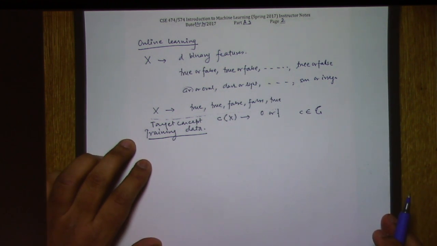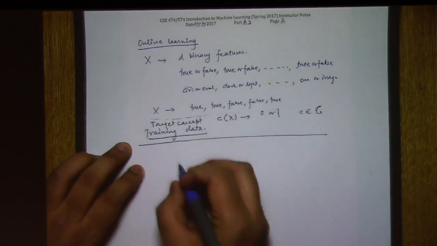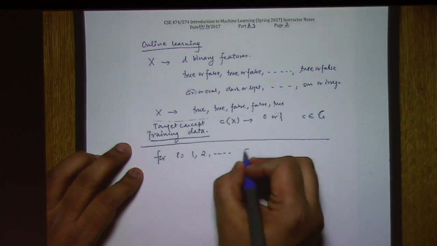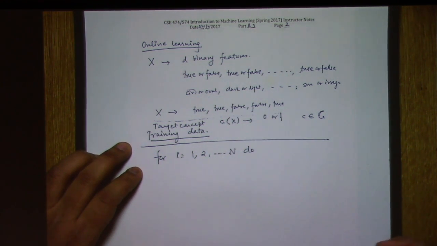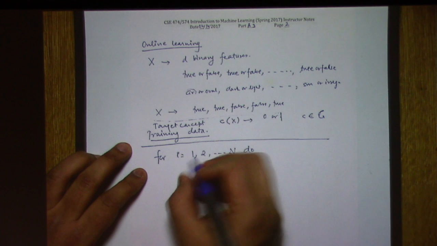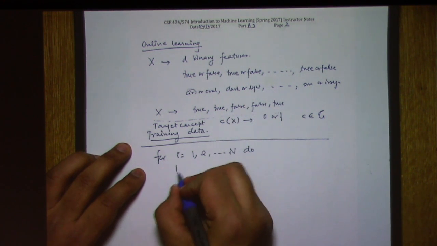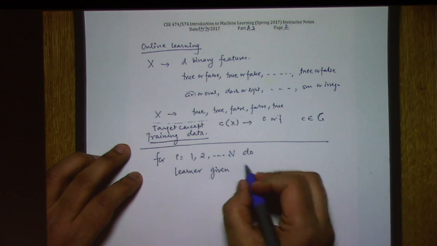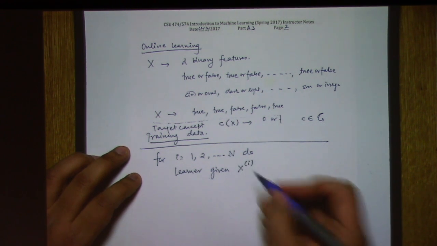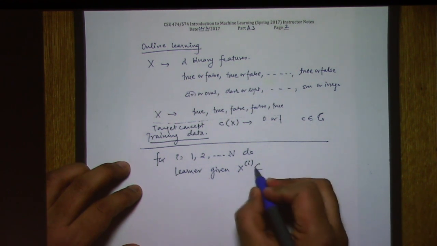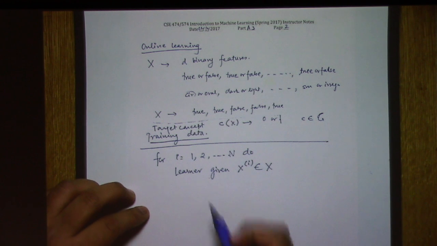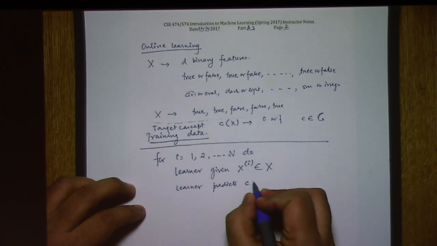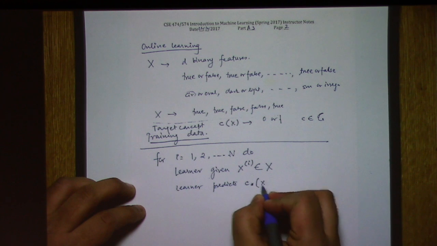Our algorithm works in an iterative fashion. Let's say we have n training data points, so for i equal to 1 through n, for every data point, we have a learner, which is our machine learning algorithm, and it is given training object number i, x of i, which belongs to X. Then the learner predicts C star of x of i.